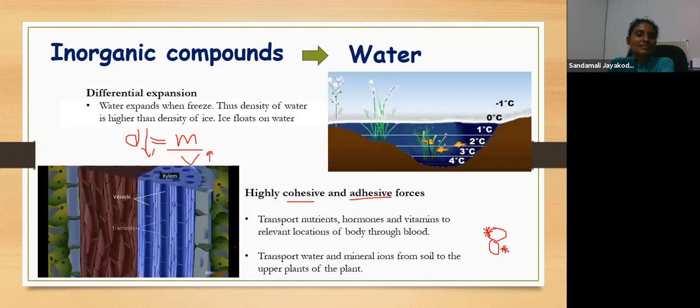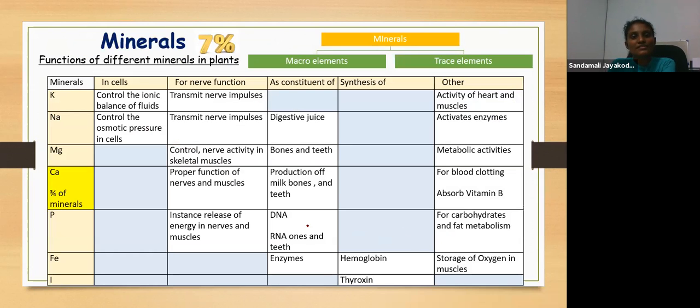And then these are a few functions of minerals. When we take our body weight, 7% of our body weight is just minerals. A large amount of this 7% is given by calcium, because calcium is present in our bones. When we think about our body, bones have a high weight.